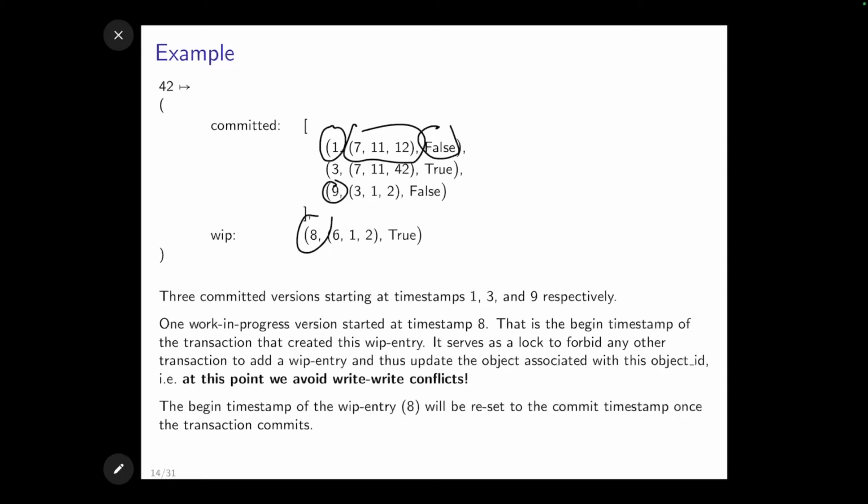It's still possible in this world that you have a work in progress entry from a transaction that started earlier, but another transaction that started later, that is 9 in this case, and committed an entry. So transaction 9 already committed, 8 is still running, and 8 started before 9 obviously, so that may lead to that confusion that we have a 9 already here, but still an 8 in work in progress. That's possible, actually, in this world.